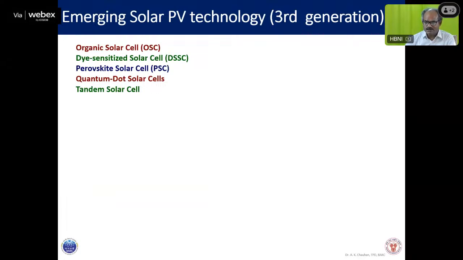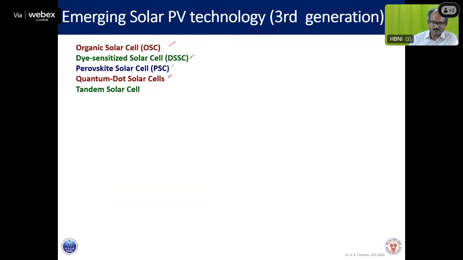So these are third generation solar cells, as in the earlier slide also. There are basically four kinds of solar cells. Organic solar cells, also called bulk heterojunction, because the majority of people are making bulk heterojunctions only, though there are others also.